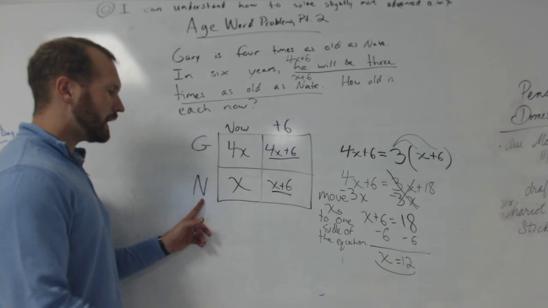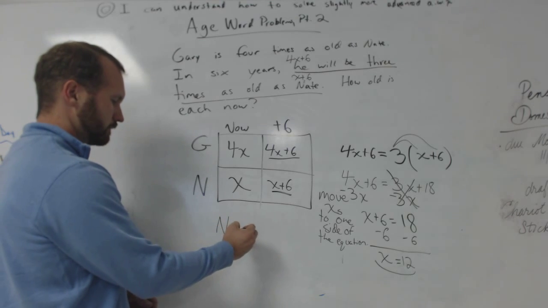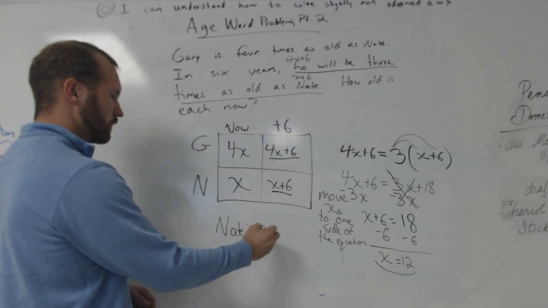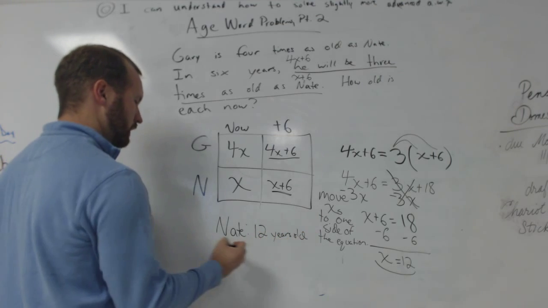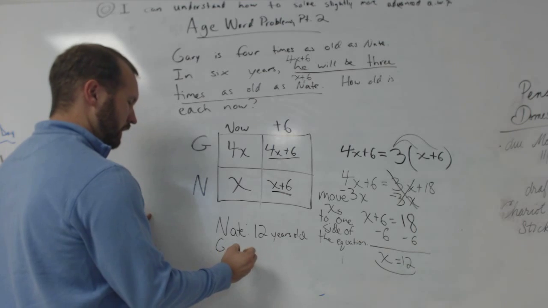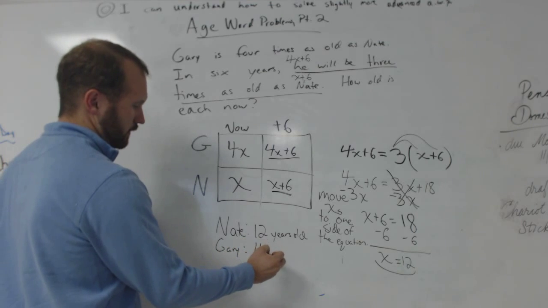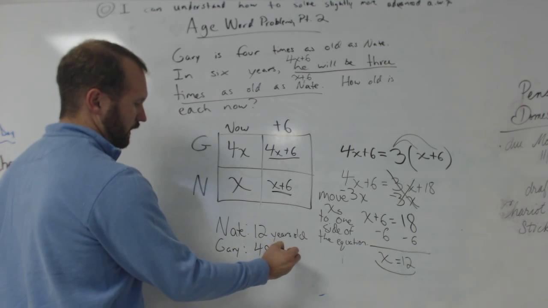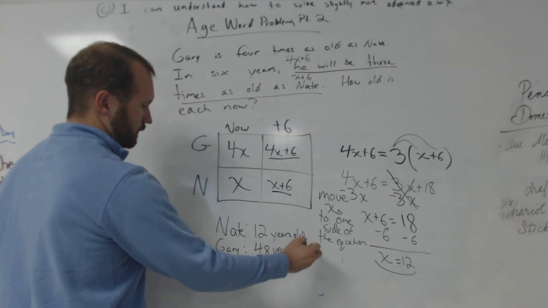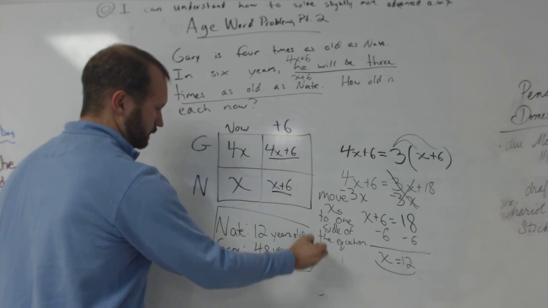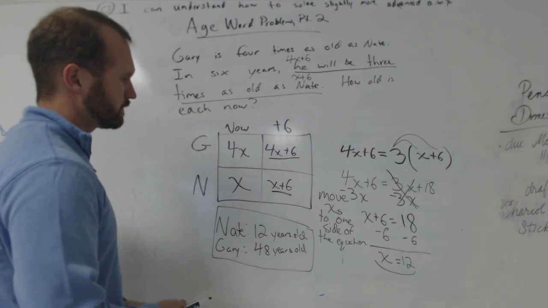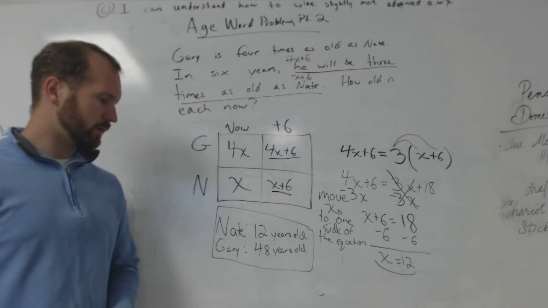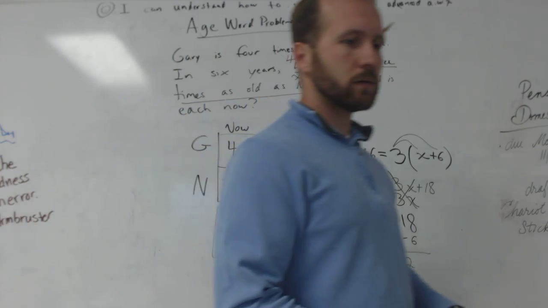That means that Nate is how old? 12 years old. And Gary is 4 times 12, 48. Nate is 12 years old. Gary is 48 years old.